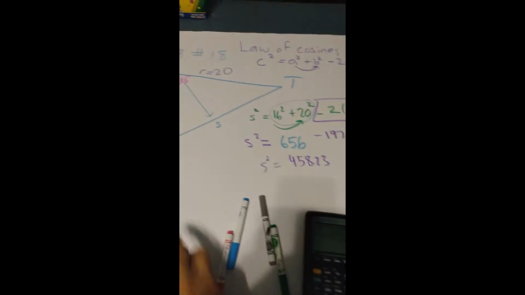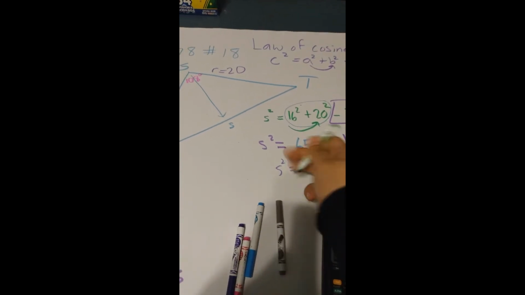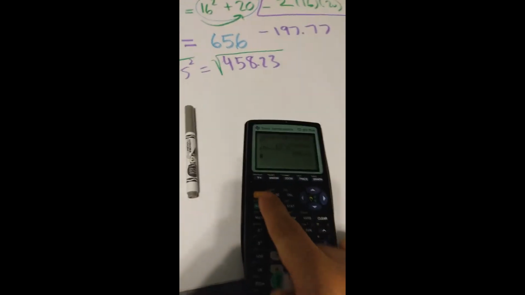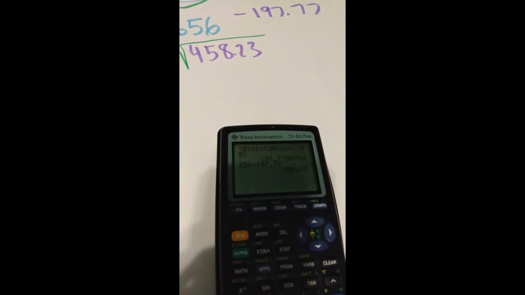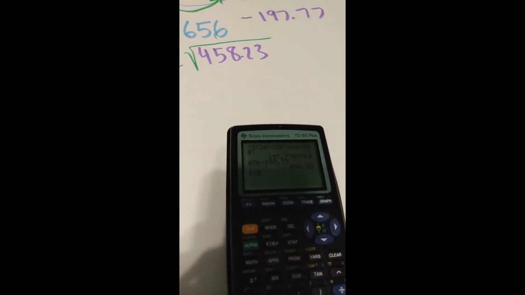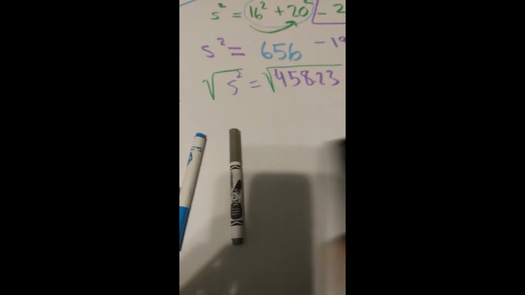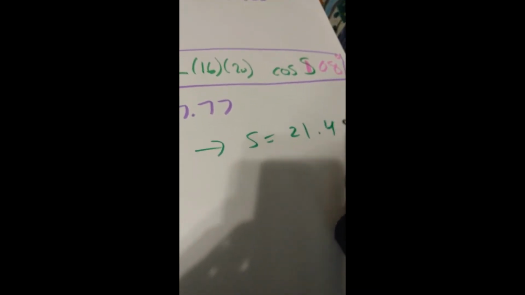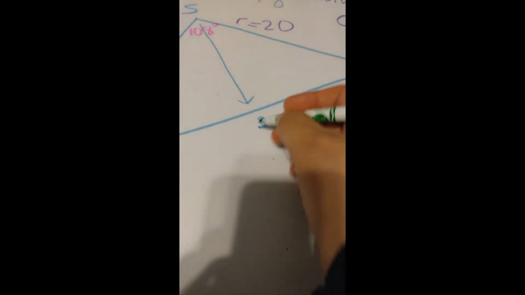In order to get rid of the squared, I need to square root, right? So I'm going to go second, here's the square root, and press second and answer. That's going to give me 21.41. I'm going to put it over here to the right. 21.41. That goes right here.